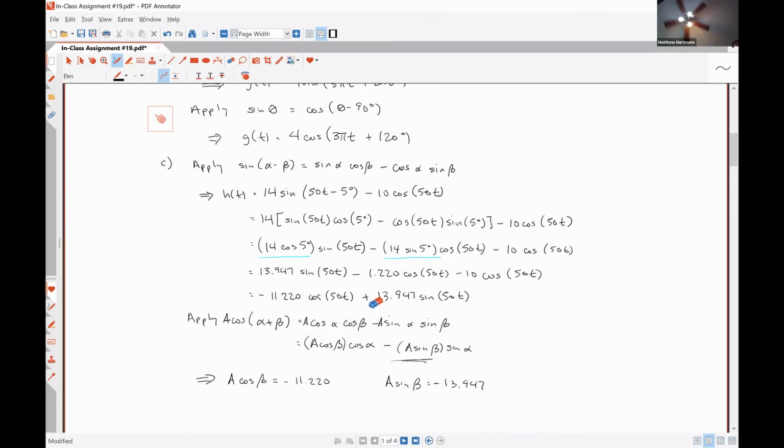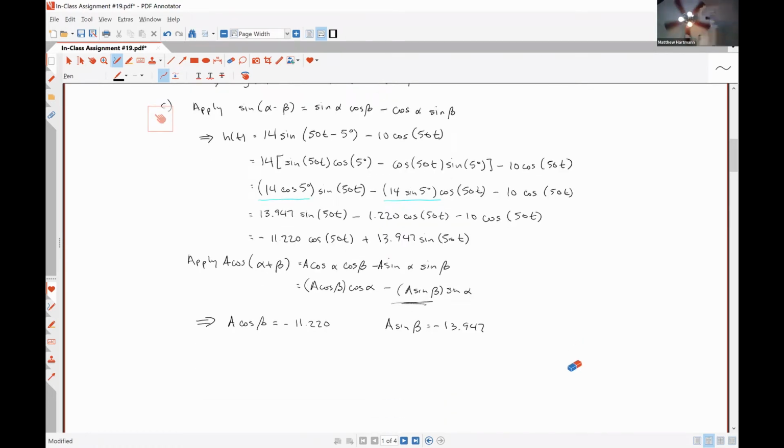So we have to flip the sign there. So now we can use a few more trig identities.